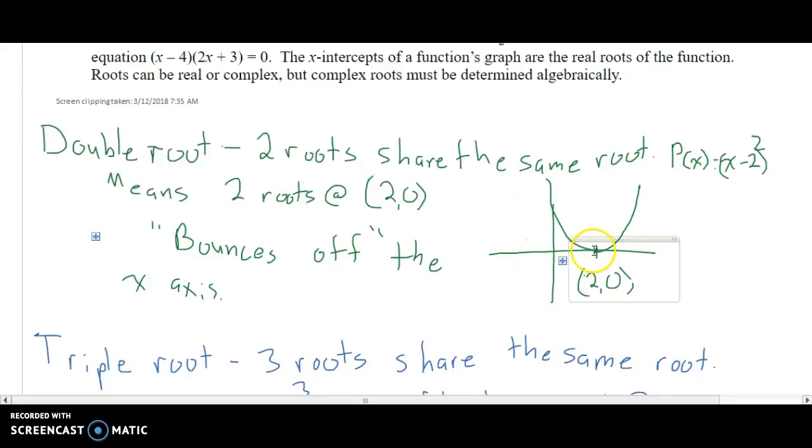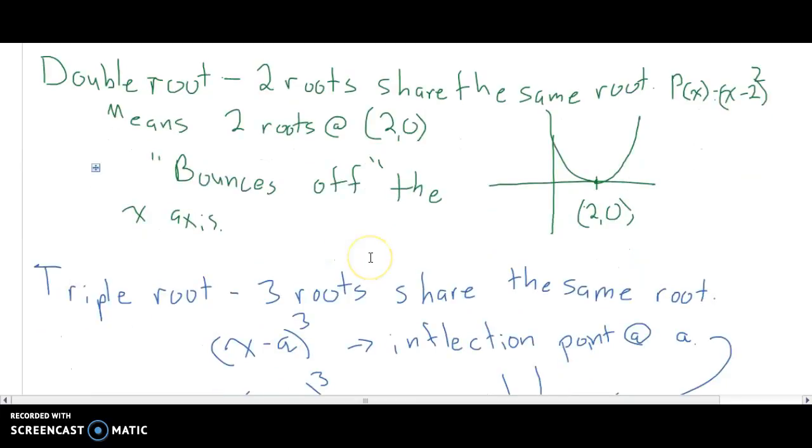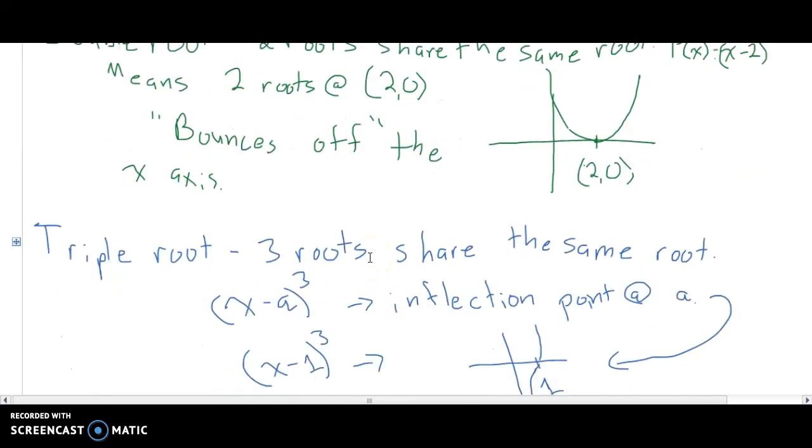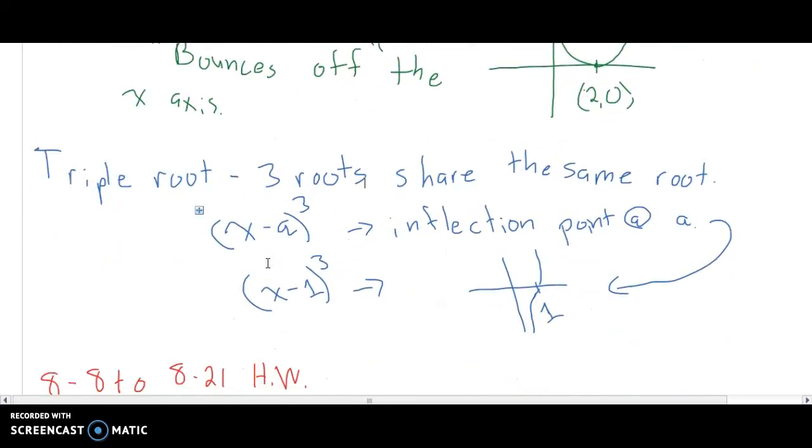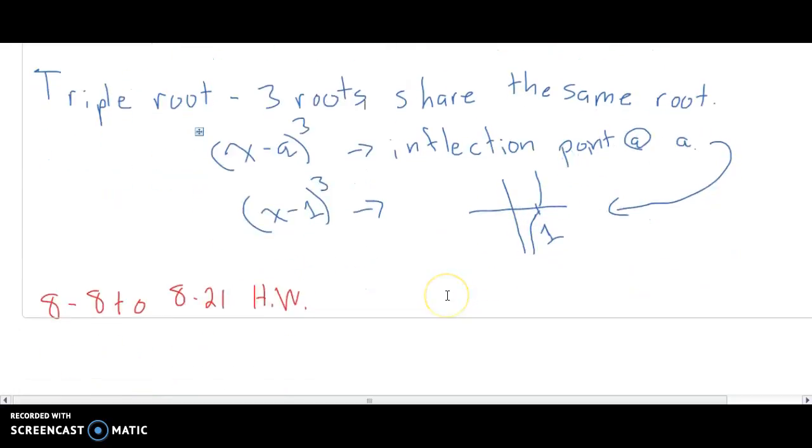But we say there are two roots right there, and another way we might say it is that's a double root. Triple root is done with a cubic function, the same setup, (x minus a) cubed. Then there's an inflection point at a. I'm showing this example, (x minus 1) cubed. That means there's going to be an inflection point when x is equal to 1 at the x-axis.